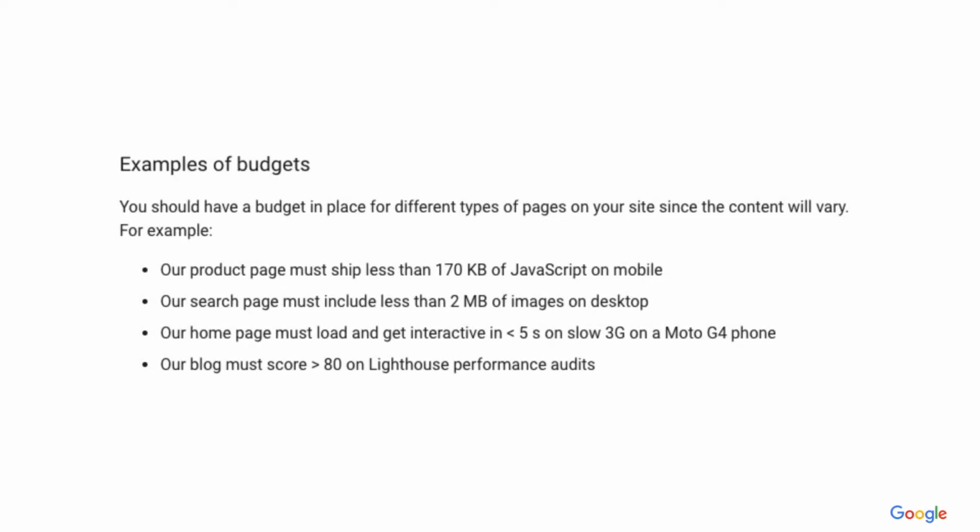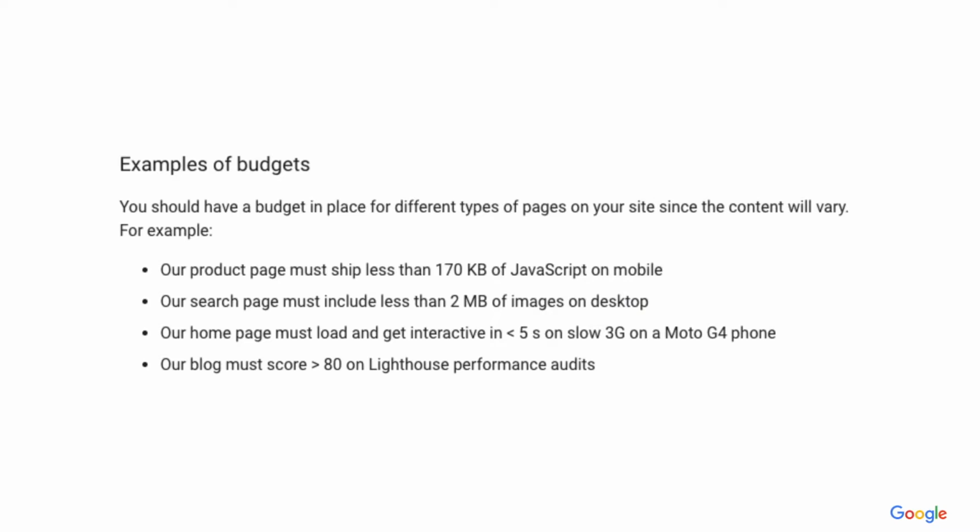So what is a performance budget? Basically, it's a limit that you put for each type of asset on your website, based on different pages, for example. An example of a budget could be: your product page should contain less than 170 kilobytes of JavaScript on mobile.